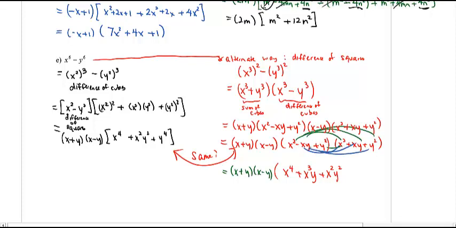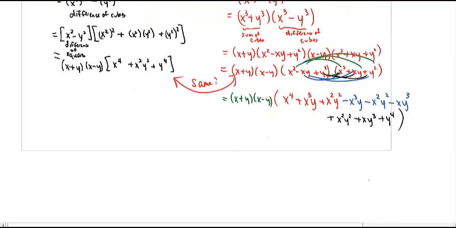So negative xy times x squared is negative x cubed y, negative x squared y squared, and negative xy cubed. And then finally, the y squared gets distributed in all these terms as well. Plus x squared y squared plus xy cubed plus y to the power of 4.